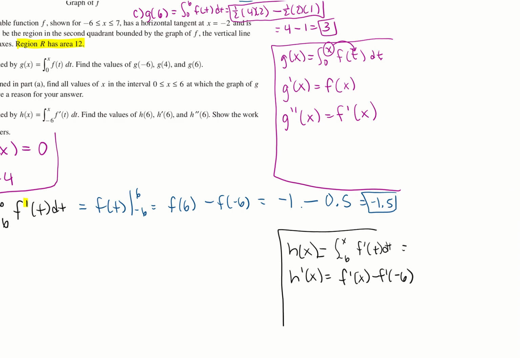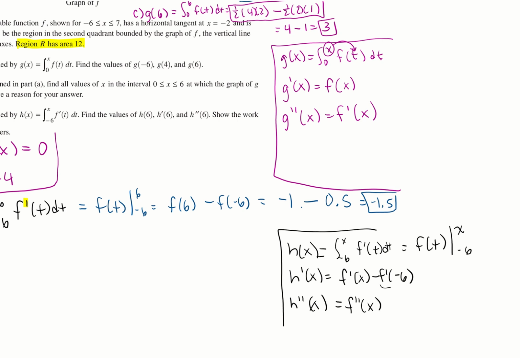So remember, h prime was f of t, and then that was evaluated at x and at -6. So now we're taking a derivative. It's f prime of t evaluated at both x and at -6. H double prime of x, then on this one would be f double prime of x.